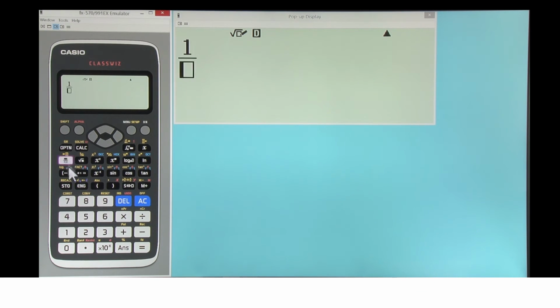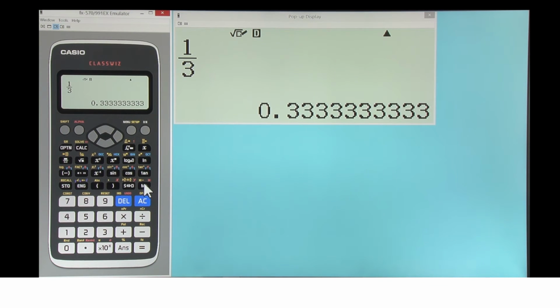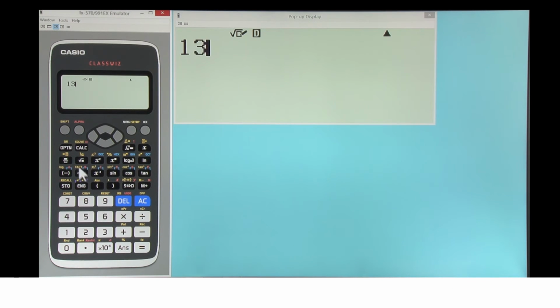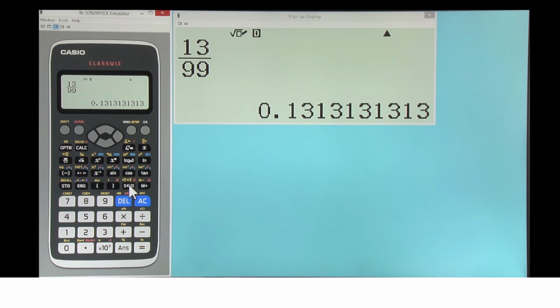So 1/3, when we turn it to a decimal, does not terminate. It seems to go on forever. And some of them do so in interesting ways, like this one, 13/99. When we turn it into a decimal, it looks like it's repeating 0.131313.